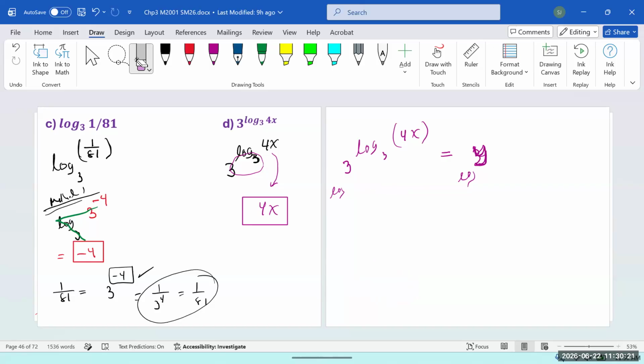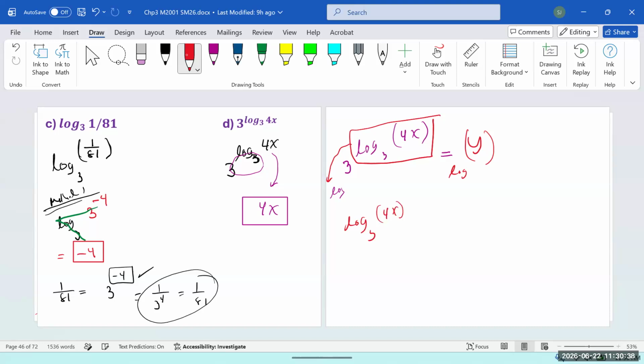So this one, if this is equal to y, and you apply log to both sides, this whole thing is a power now, so it comes down. So we get log base 3 of 4x, and then log 3 equals the multiplication. Applying log 3 again, log 3 of y.